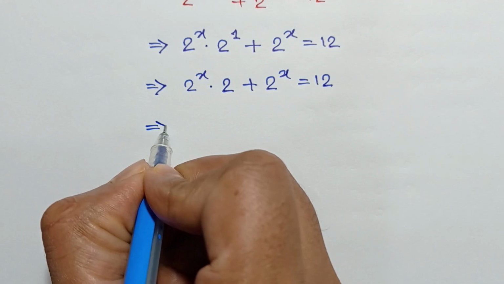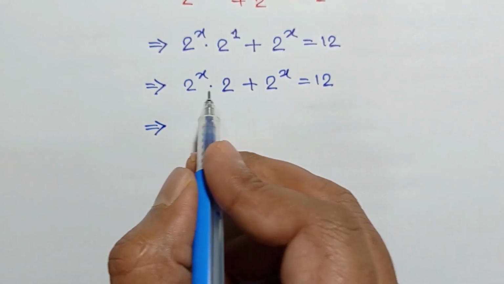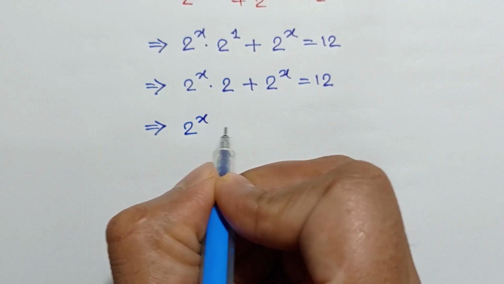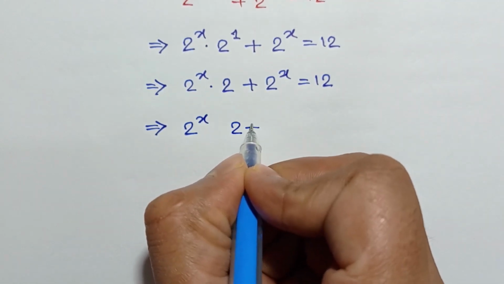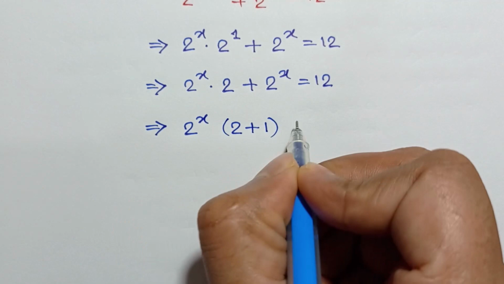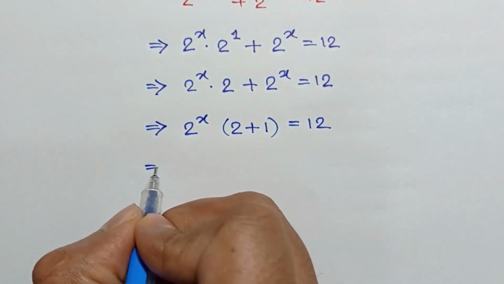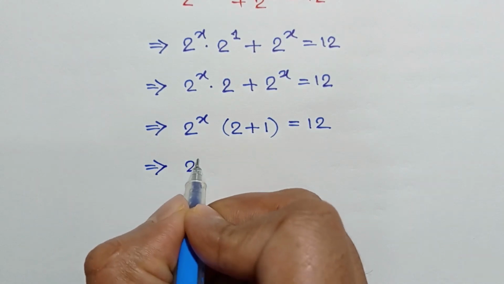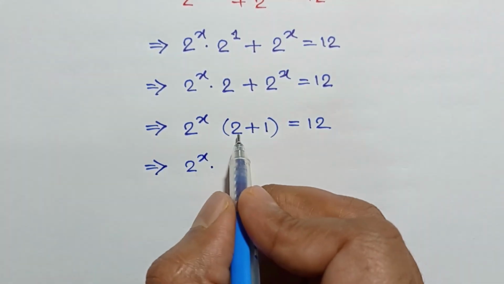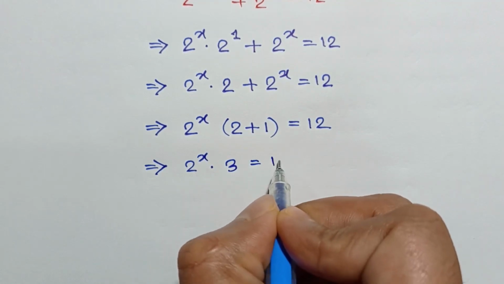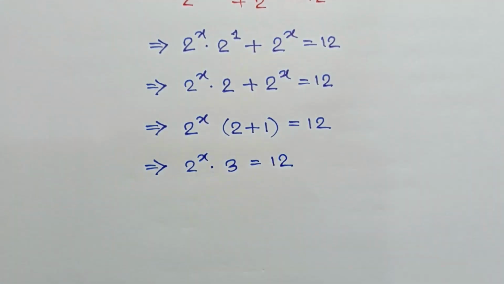Or, if we take common 2 to the power x, we will have 2 to the power x times 2 plus 1 is equal to 12. Or, 2 to the power x times 2 plus 1 is equal to 3, is equal to 12.